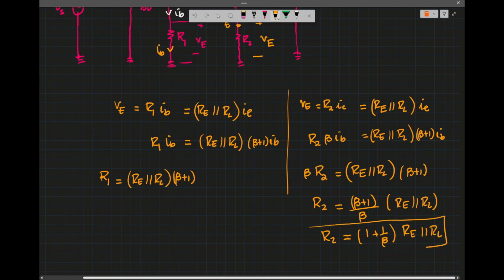Anytime we do this reflection, we can just separate the network.